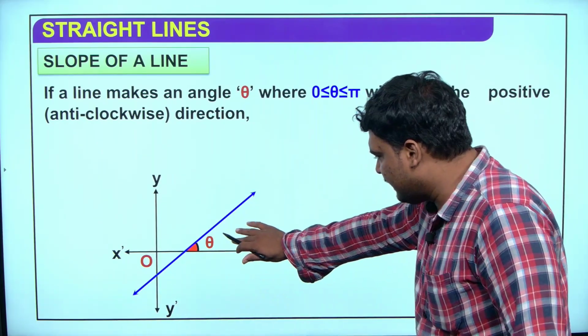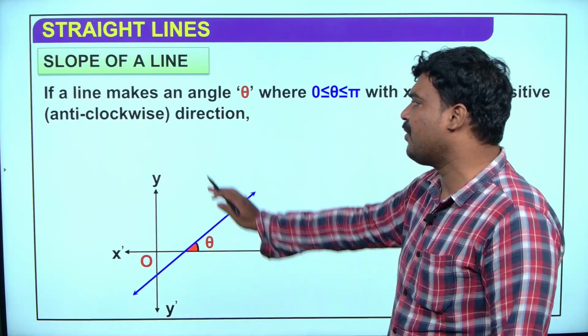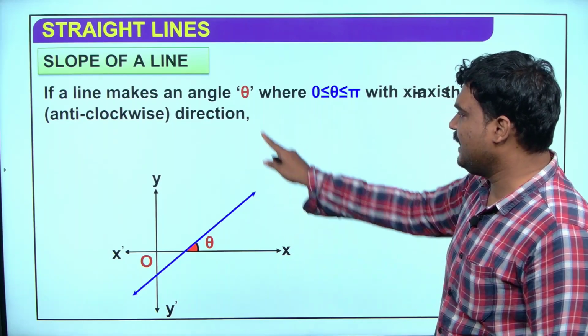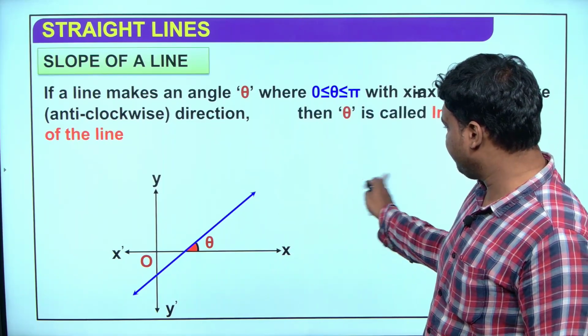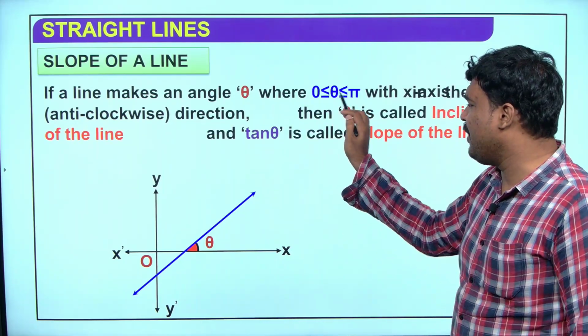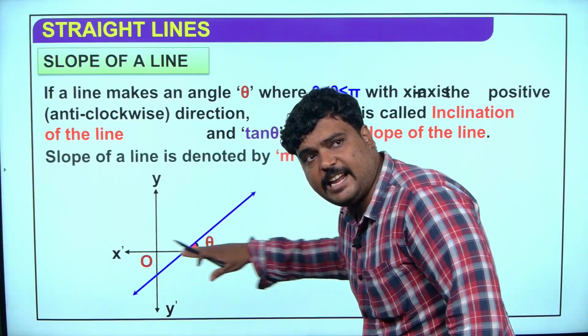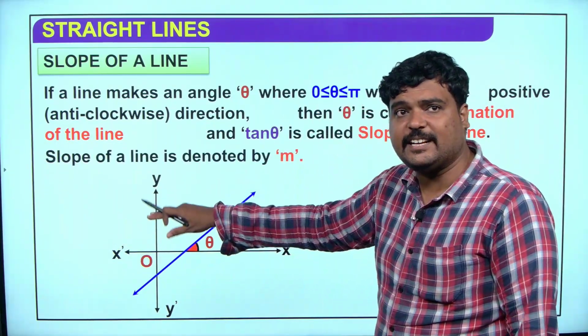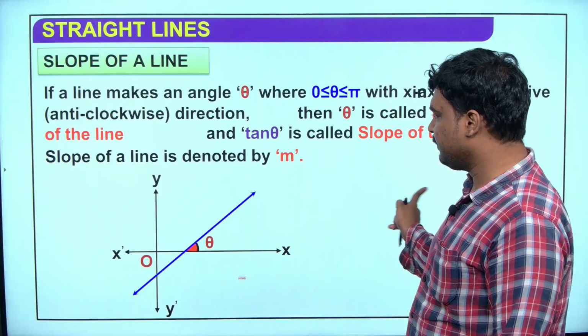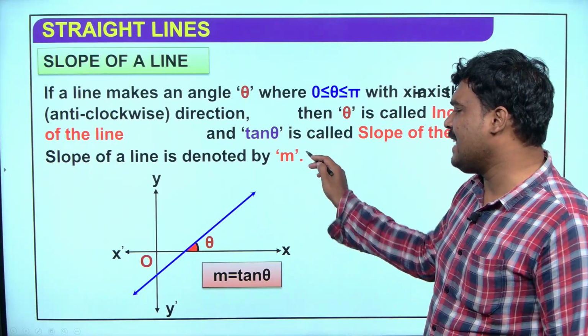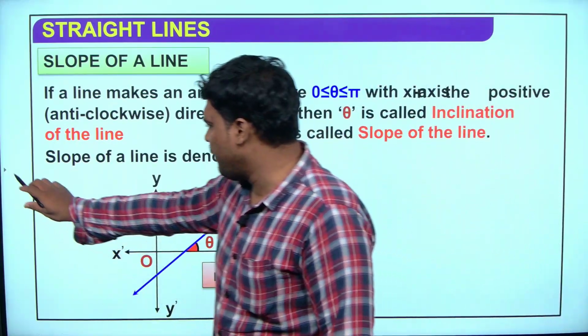How much it is sloped to the x-axis we call theta. So that is the slope of the line. And that theta cannot go beyond pi. Why? Because if it becomes pi, then it becomes parallel to or coinciding with the x-axis. And slope will always be denoted as m. Why slope will be denoted as m?